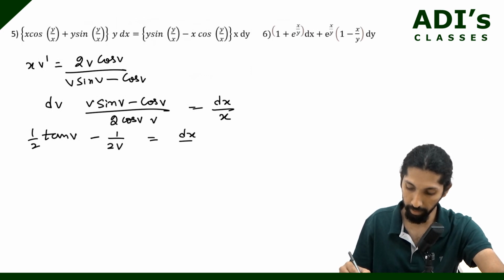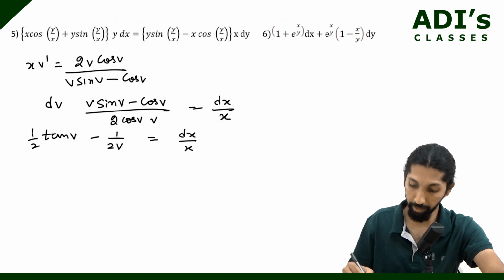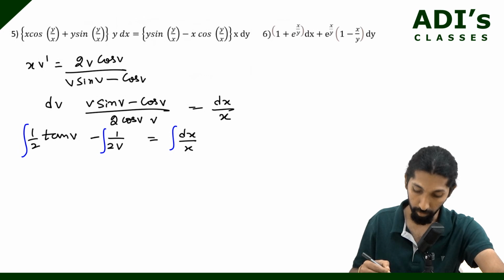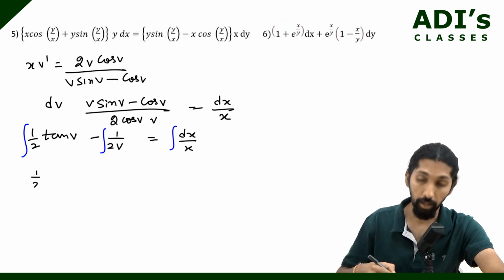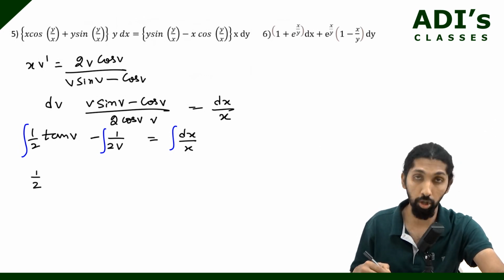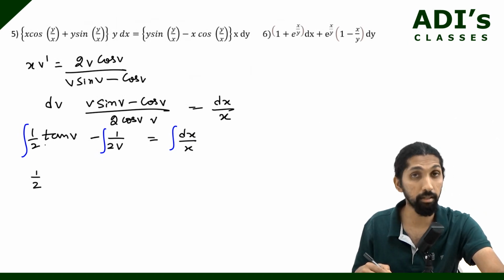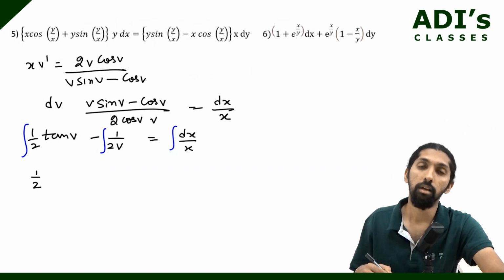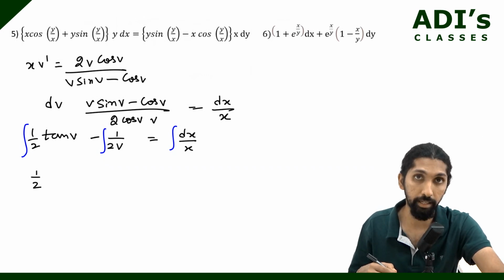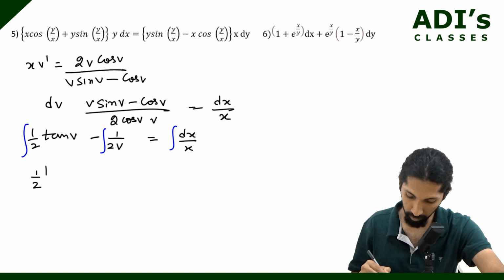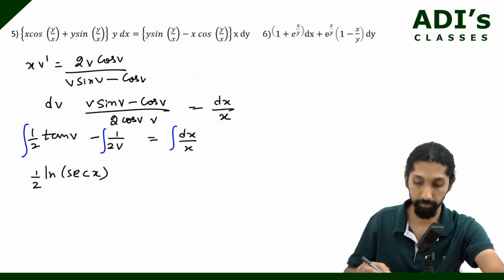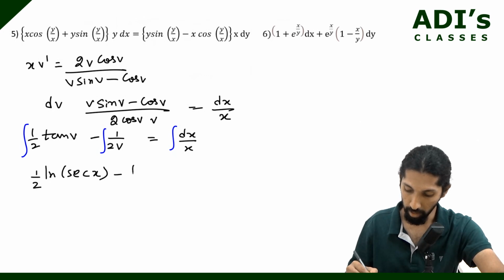Now we need to integrate this. So half tan of v is what? Log of cos x, correct? But you have a negative sign to that. So you can call it as log of secant x. Half log of secant x, correct, minus half log v is equal to log of x plus log of c.